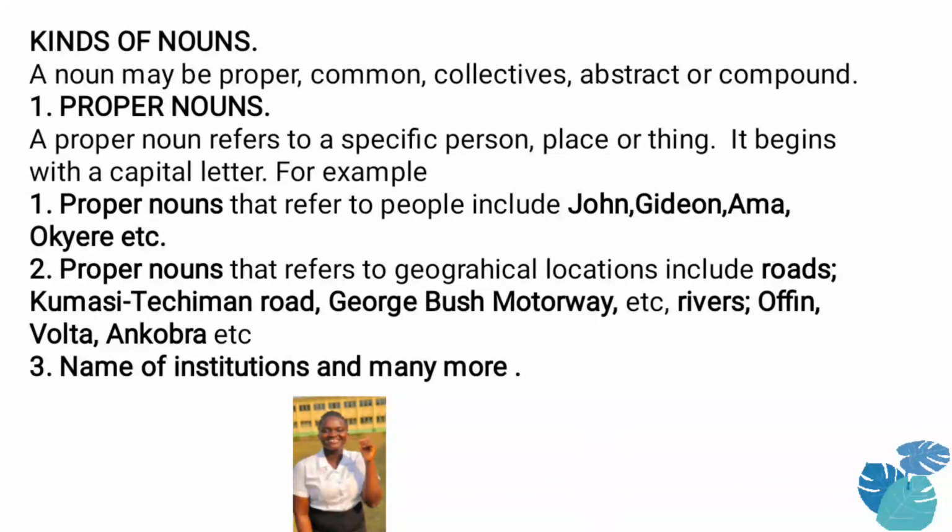Under nouns, we have kinds of nouns. A noun may be proper, common, collective, abstract, or compound. In today's lesson, we will explain all the kinds of nouns with examples.